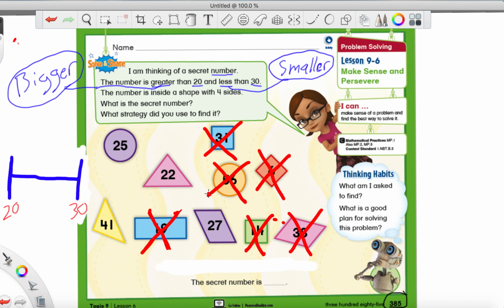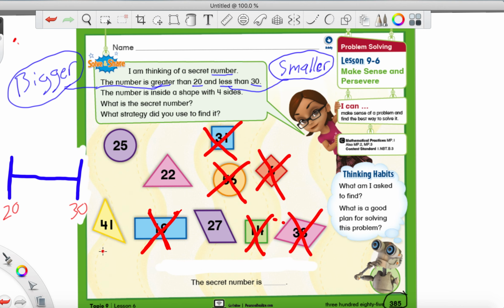Oh, and don't forget, guys, you can always use the 100 chart. Okay, if you have a 100 chart on you, you can use that to help you out through this whole thing. Okay, so don't forget about those tools that either I provide you or maybe your teacher provided you. Okay, all right. I think we already did 27. That fits, right?